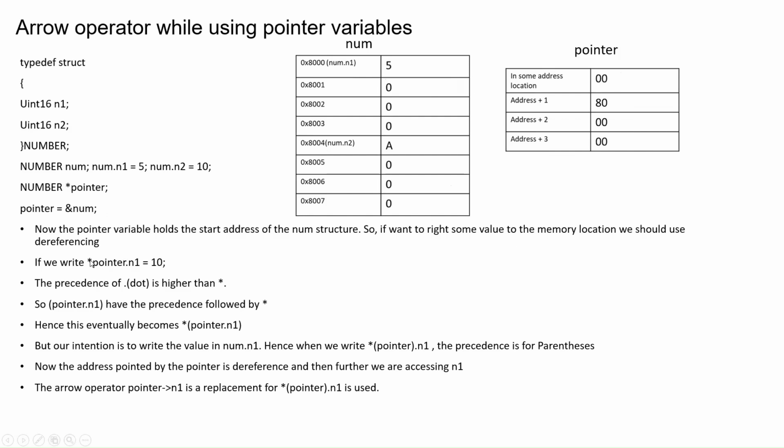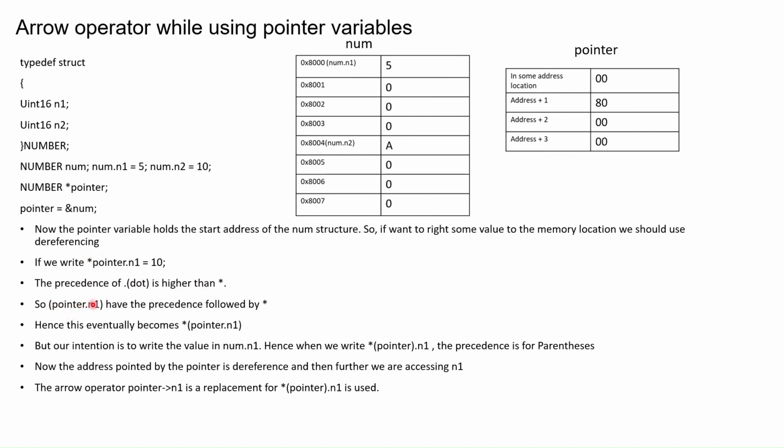Before, we discussed dereferencing. So if you try to write *pointer.n1, the precedence of dot is higher than star. So the compiler will not see the star first.